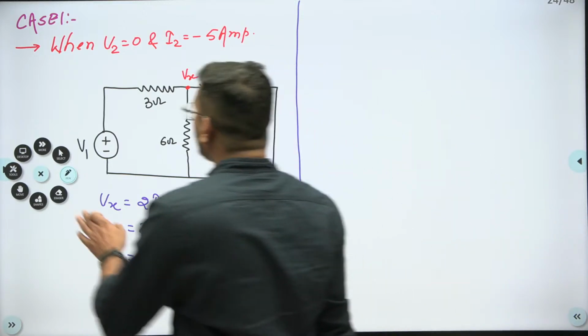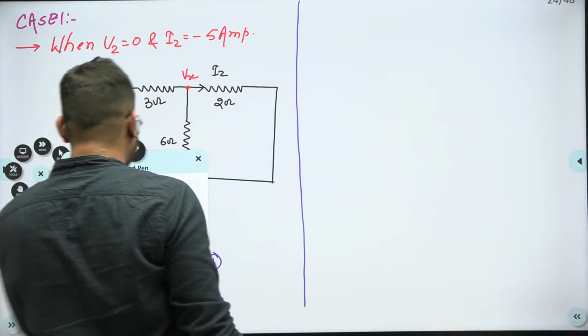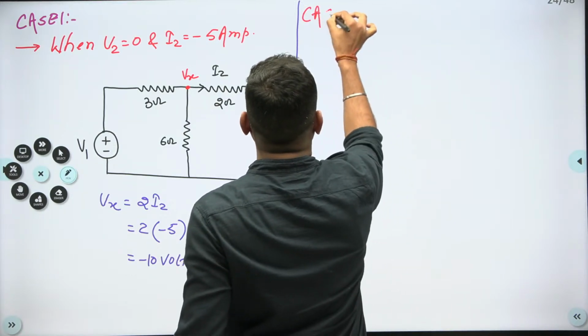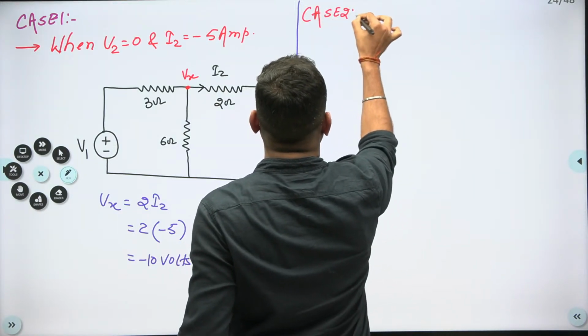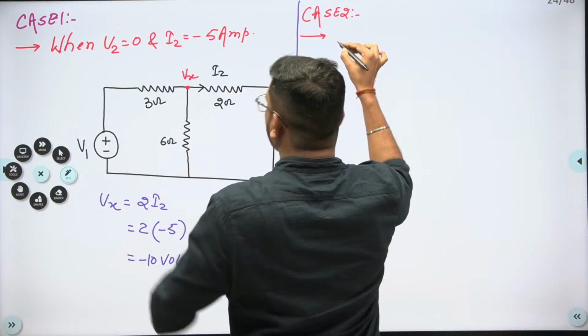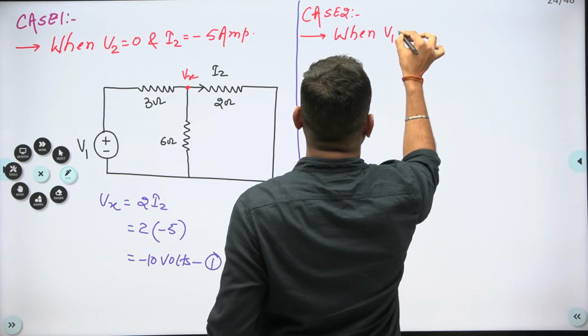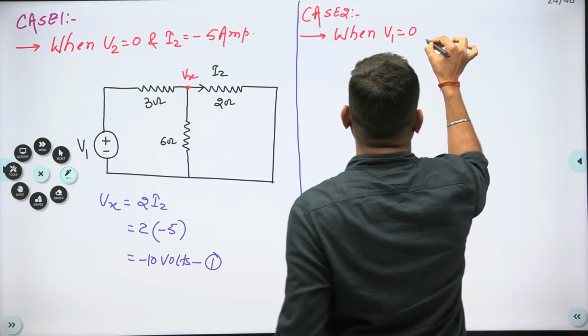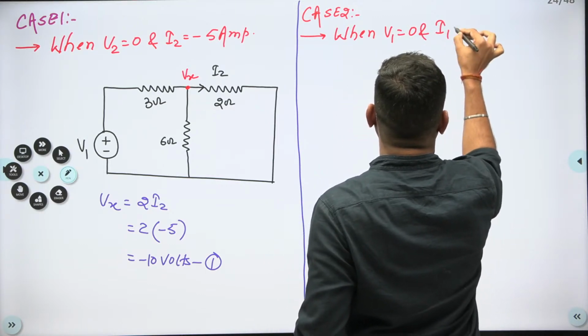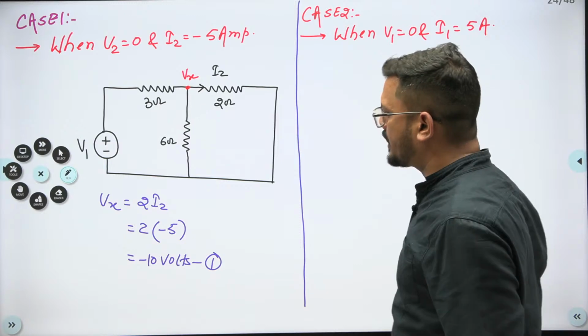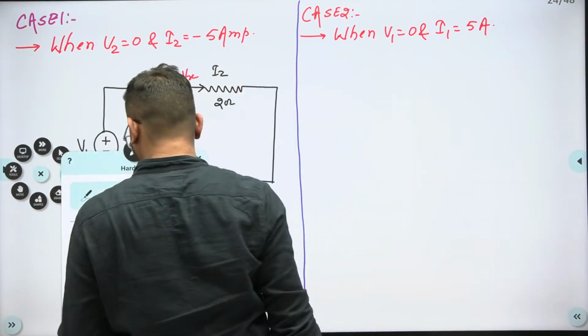Now I'm considering case 2. In case 2, we are given that V1 is equal to 0 and I1 is equal to plus 5 ampere, guys. Again we are drawing the circuit.